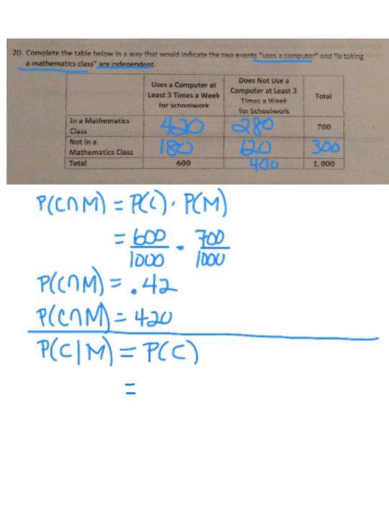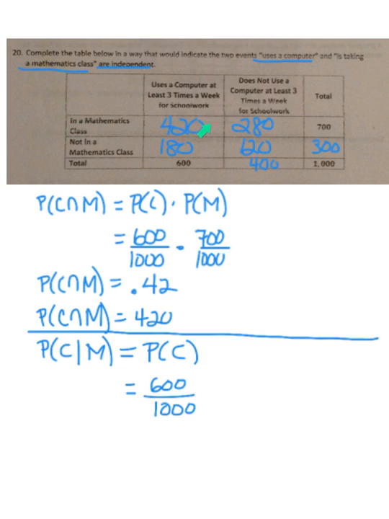Well, I know the probability of C is 600 over 1,000. Okay. Now, let's look at this probability of C given M. So what this is saying is, looking at the M column, or the M row. So let's go up there. M stands for math, right? So here we are right here.